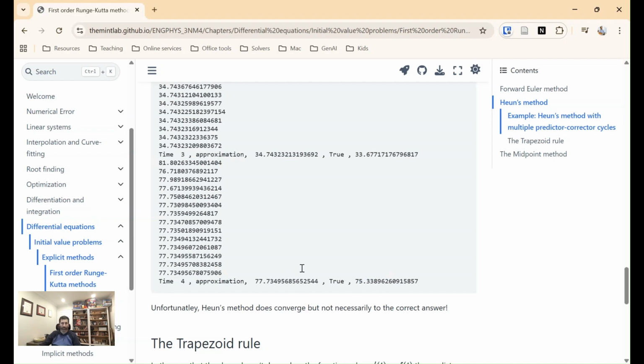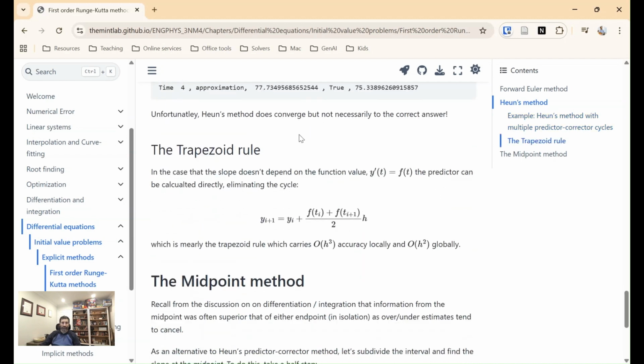Welcome to numerical methods. So what can we do, right? In the special case where the slope doesn't depend on the function value, so this is a very easy differential equation where you have something like dy by dt is equal to some function of t, not y, then the predictor can be calculated directly.